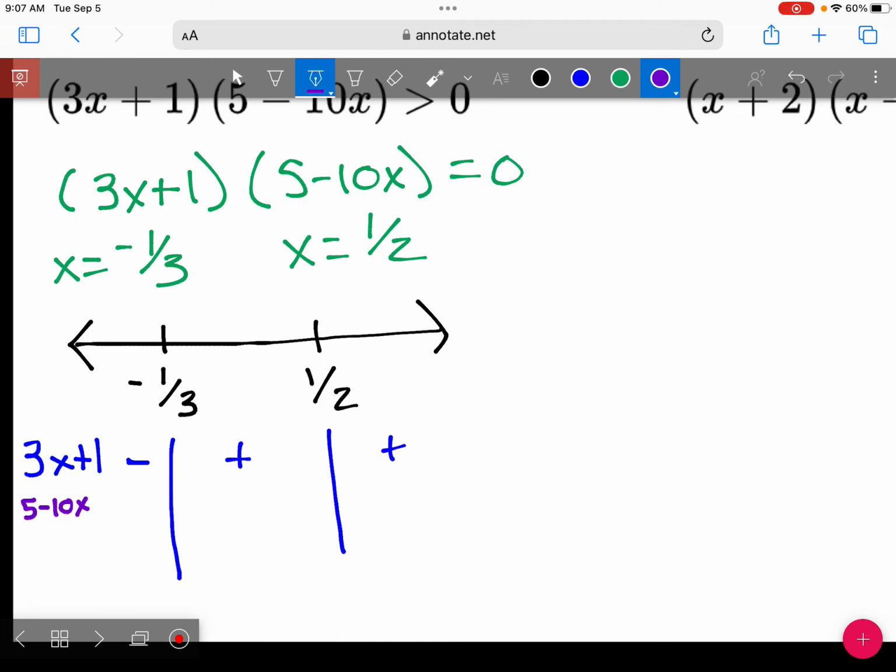Positive, because negative 10 times negative 1 is positive, plus 5, positive. If I plugged in negative 1 into this chunk, we'd get 15 right there, which is positive.